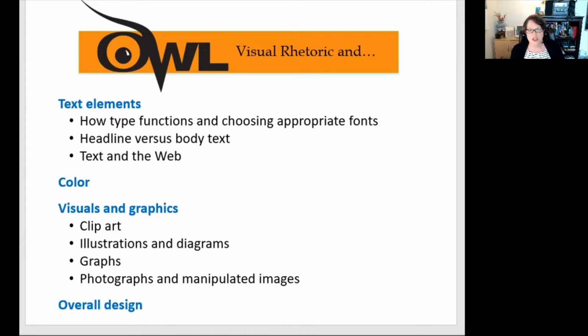So we're going to look at things like text elements, how type functions, and choosing appropriate fonts, how to deal with headlines versus body text, text in the web, the use of color, the use of visuals and graphics. Clip art is no longer really that big of a thing, but things like illustrations and diagrams, graphs, photographs, and other manipulated images, as well as overall page design.